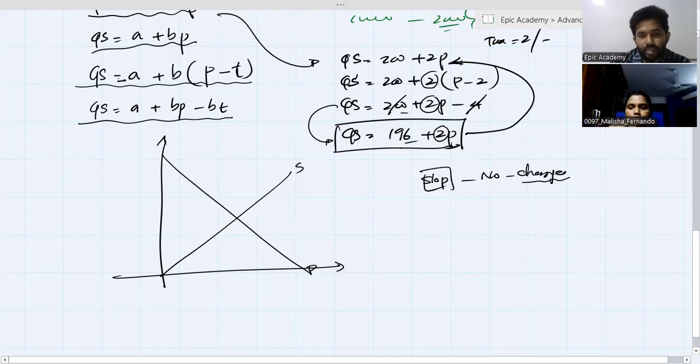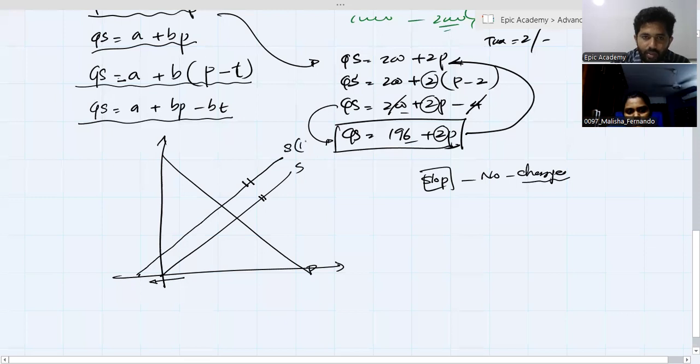It reduces, meaning it changes in that direction. It starts from this value, and there is no change in the slope value. That means it becomes a parallel line. This is the supply equation after taxes.